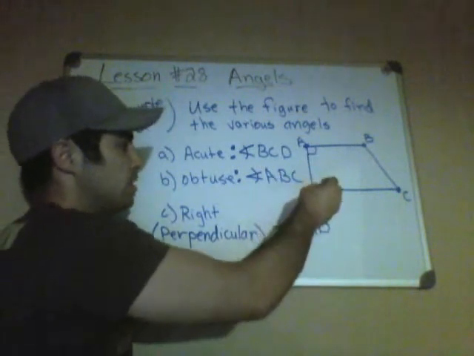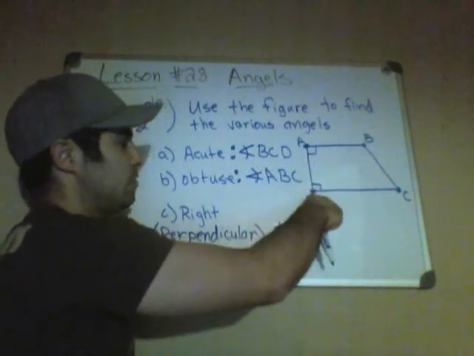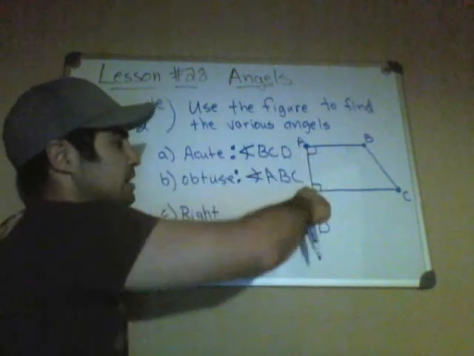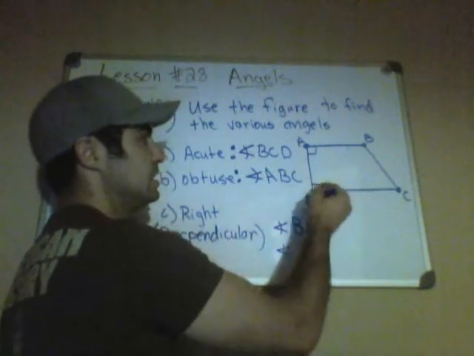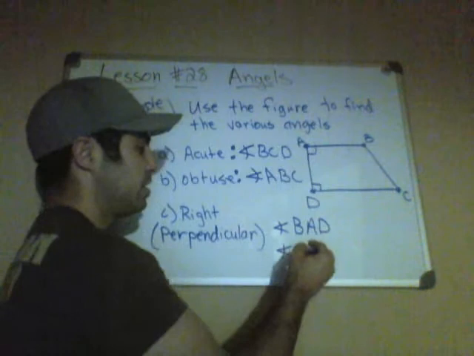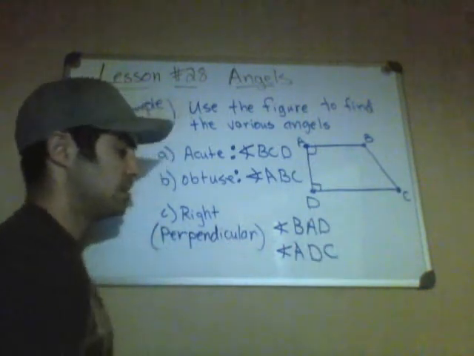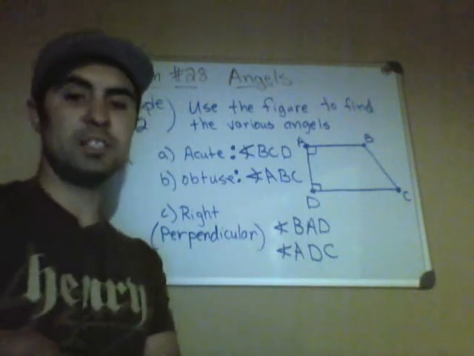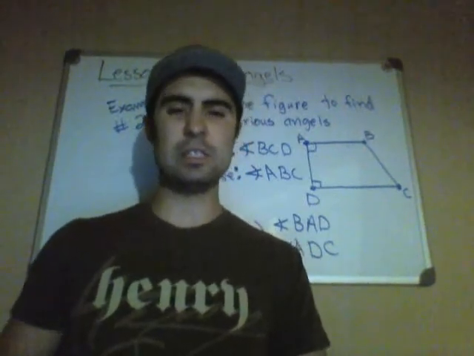And then if you wanted to write this angle right here where D is the vertex, you're going to do angle ADC. You could also do angle CDA as long as the letter D is somehow in between the letter A and the letter C. Okay? So that's pretty much angles. We might do one more.